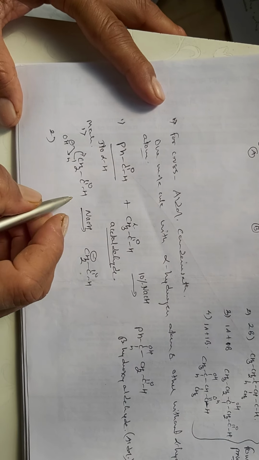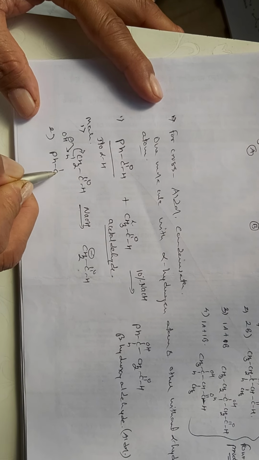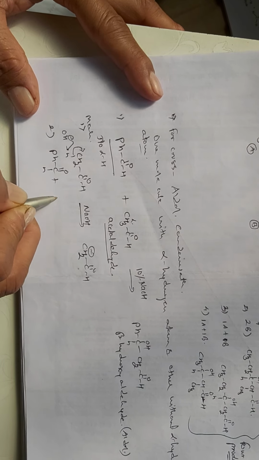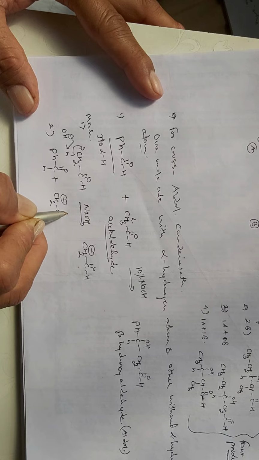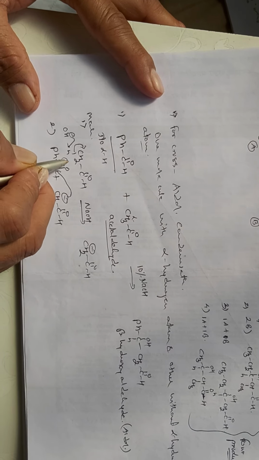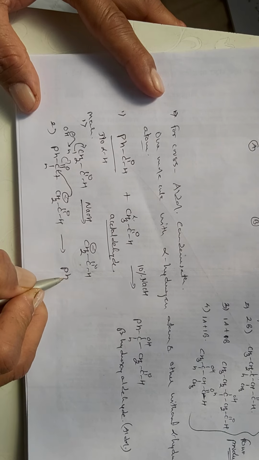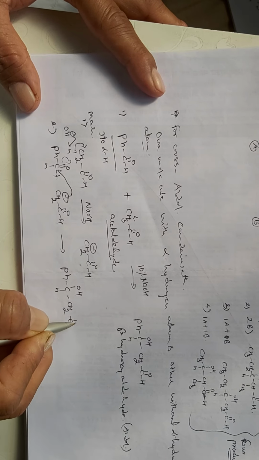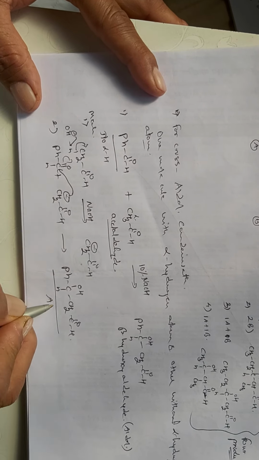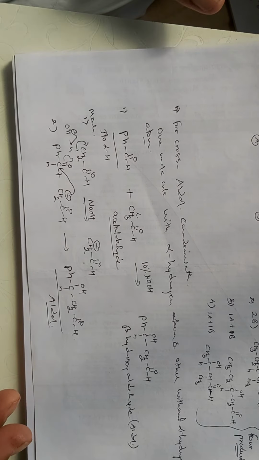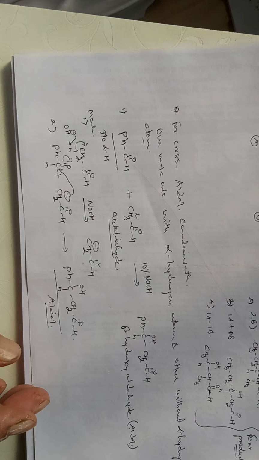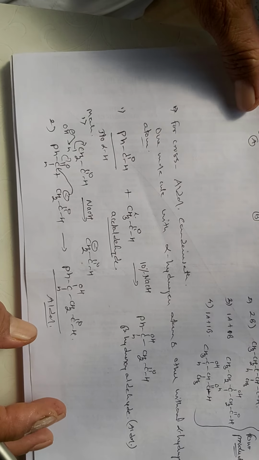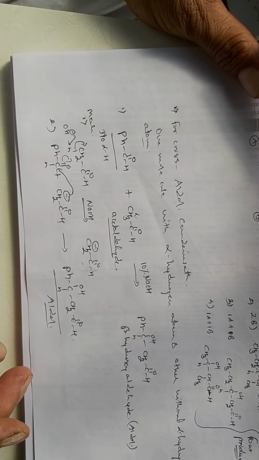In the second step, this carbanion reacts with benzaldehyde, attacking the carbonyl carbon, and you get PhCHOHCH2CHO. This is the aldol obtained by cross aldol condensation. By using cross aldol condensation, we can synthesize different types of molecules. So here we finish the aldol condensation and cross aldol condensation.